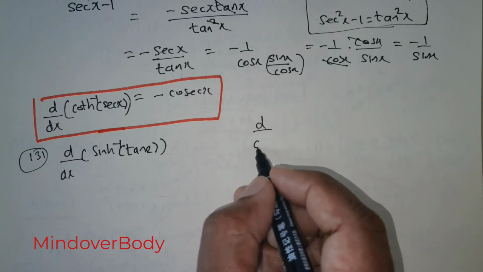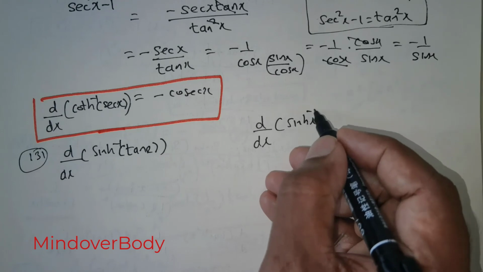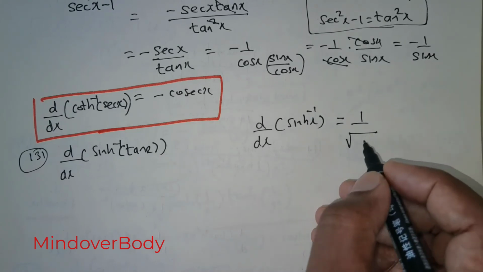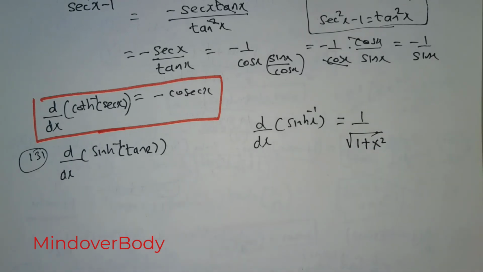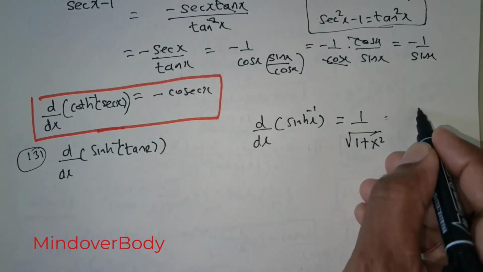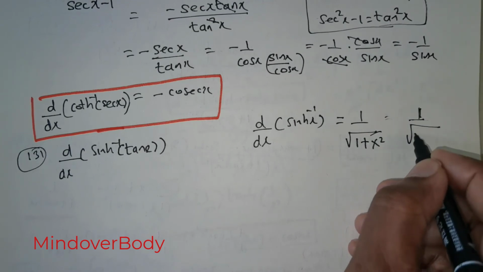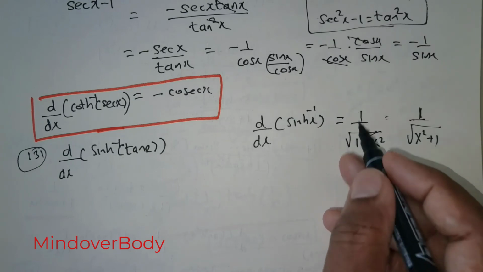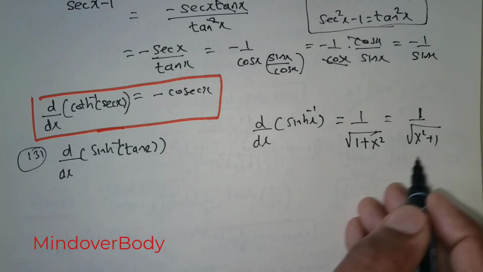So d over dx of sin inverse of x is equal to 1 over root of (1 + x²). So this is a formula we will have to use. And sometimes we can also rewrite this formula in this fashion, root of (x² + 1). So it doesn't matter, either you write it as 1 over root of (1 + x²) or 1 over root of (x² + 1).